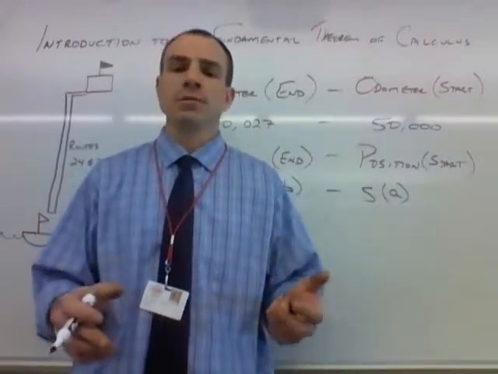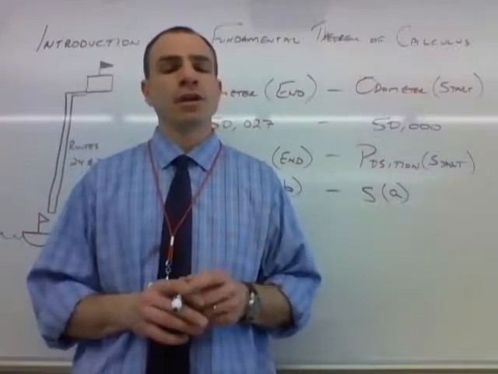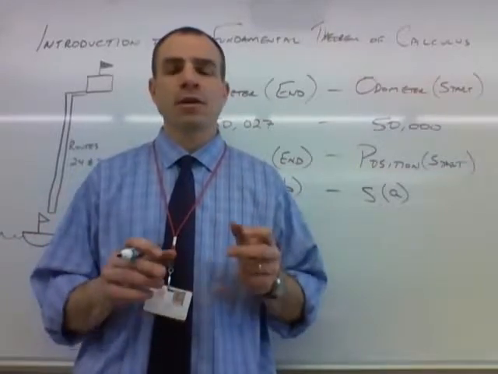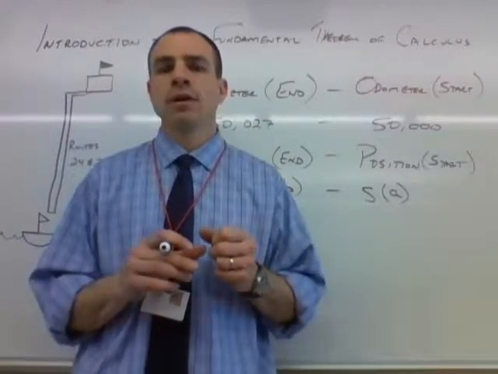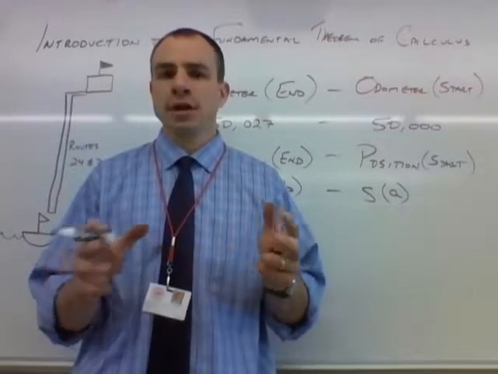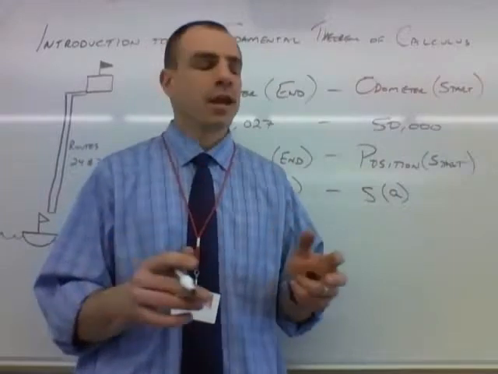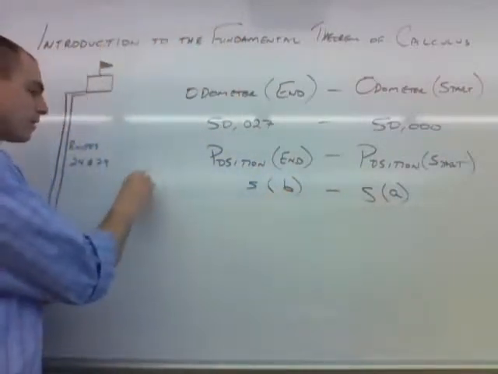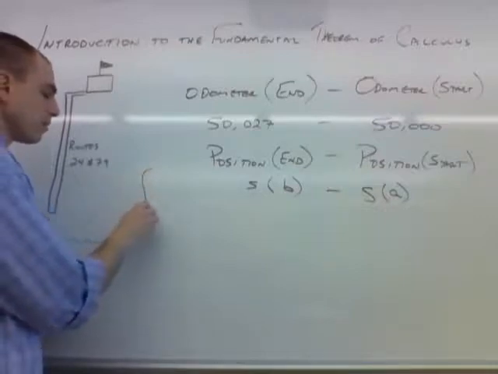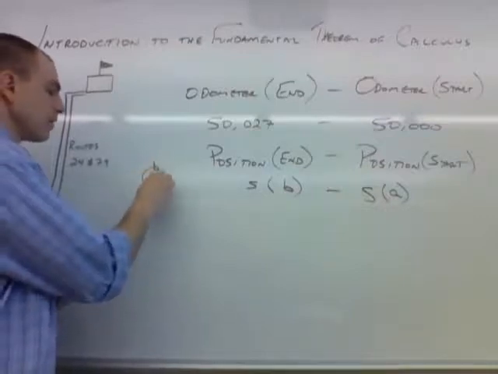We don't have that in the plane. But we already determined how to calculate distance traveled using an airplane. What did we do? It wasn't position, it was velocity. It was the integral from A to B of our velocity function.